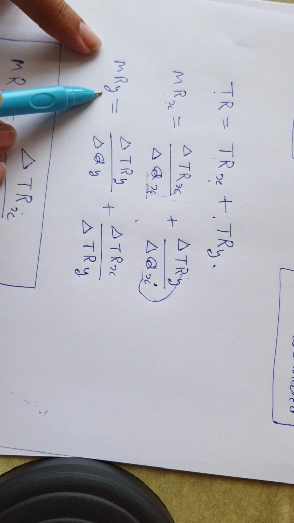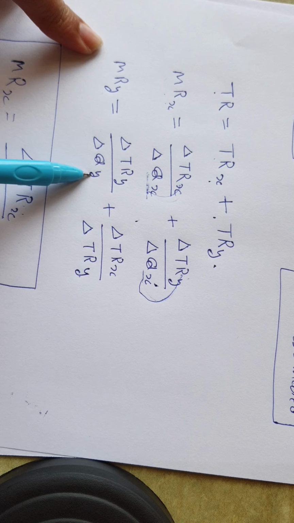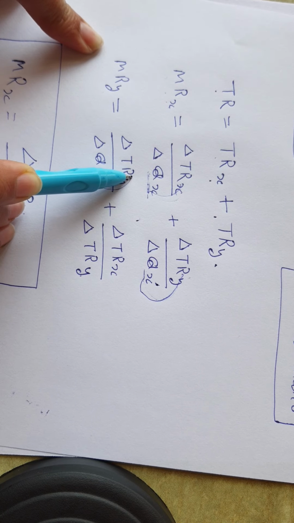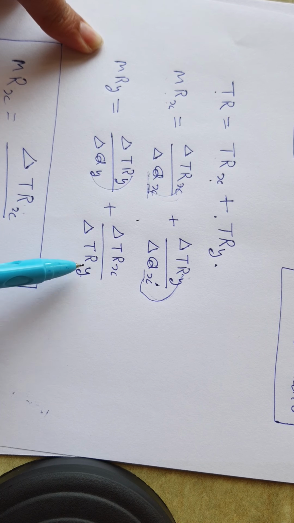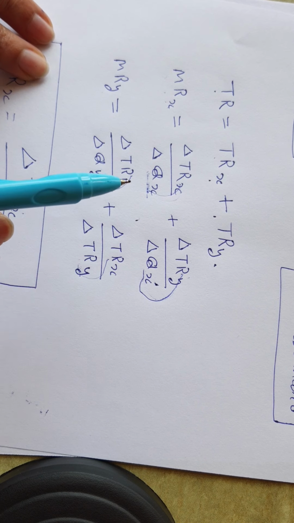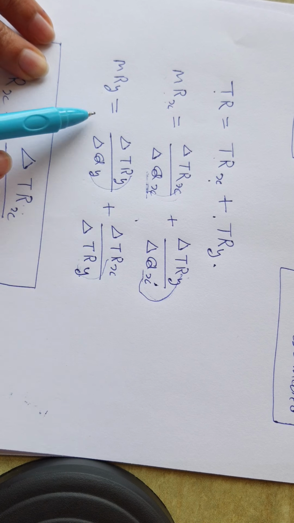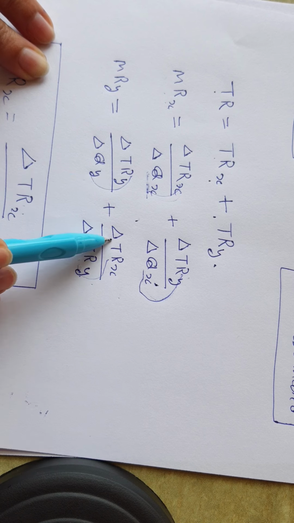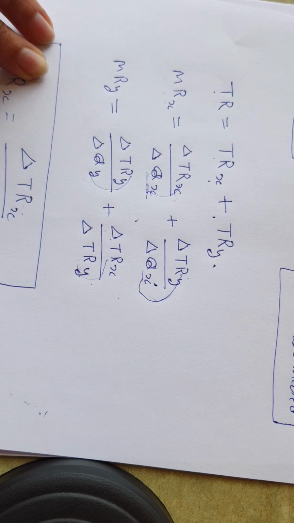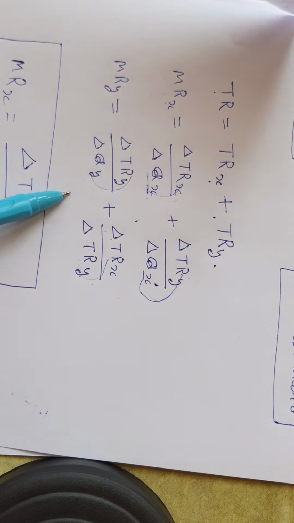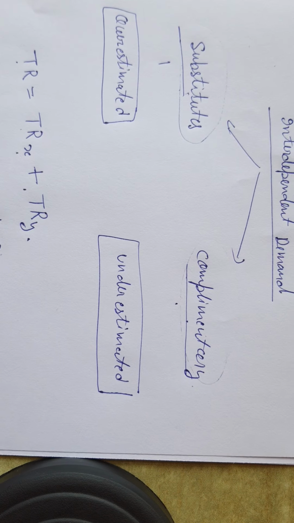When we talk about marginal revenue of Y, if you produce one more unit of Y, it will not only affect the total revenue of Y, but you are also affecting the revenue of X. So if you ignore the fact that X and Y are substitutes or complementary, and apply the same rule which we discussed recently, then what will happen?